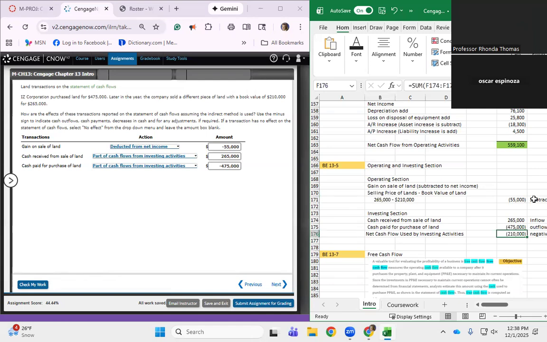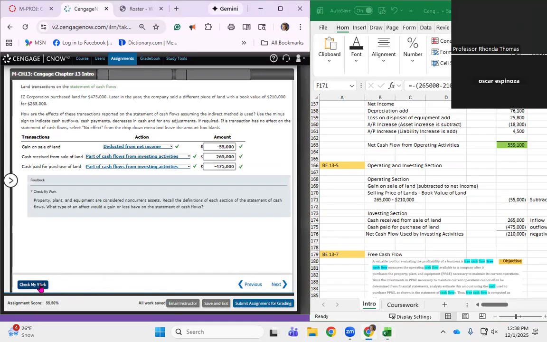And then up in the operating section, we would account for that gain by subtracting it as a deduction from net income. Okay.